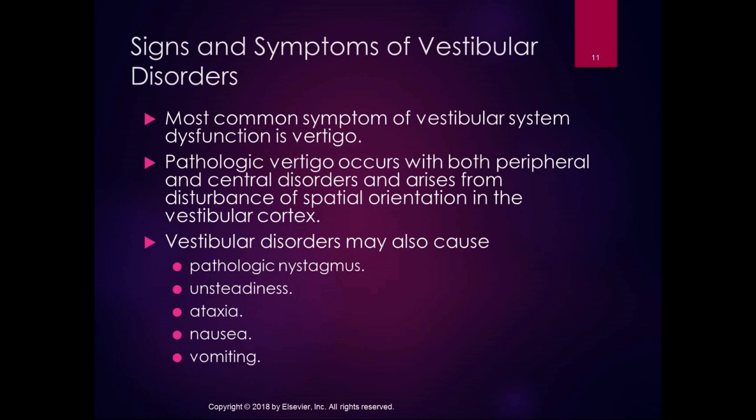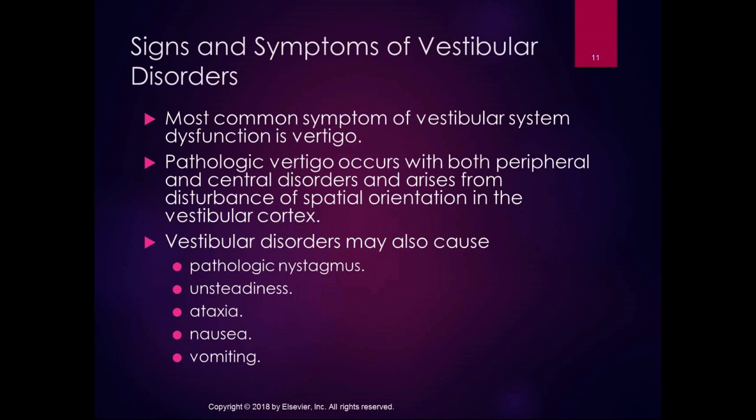Vestibular disorders, besides vertigo, can also cause pathologic nystagmus, and we talked about that in the vision chapter, as well as unsteadiness, ataxia, nausea, and vomiting. Unfortunately, a side effect of vestibular examination can often be nausea and vomiting because you're trying to duplicate provoking symptoms.